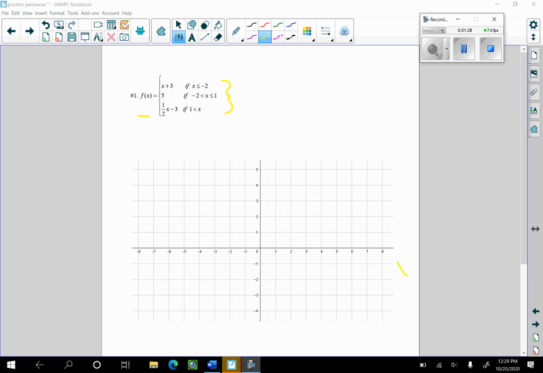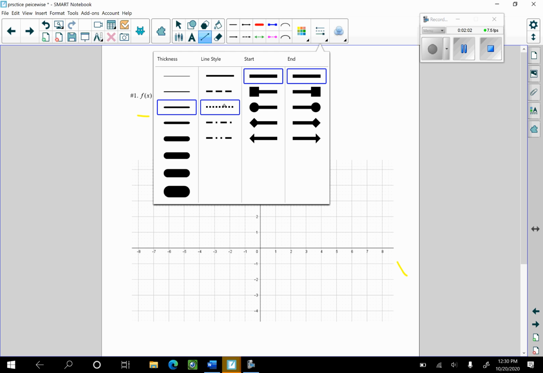Okay, so now that you have your graph paper with an XY axis on it, we're going to begin graphing this piecewise function. Here's what we're going to do. At x equals -2, we are going to sketch a vertical line. I have a nice option on my Surface Pro here that I can make a vertical line.